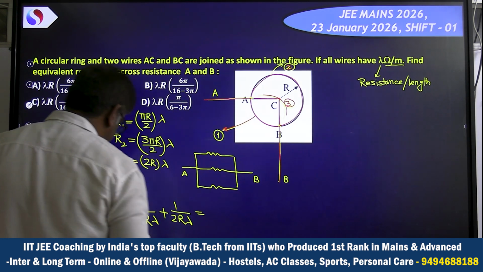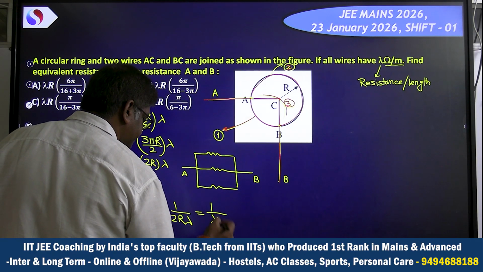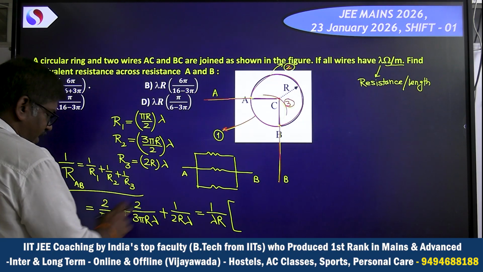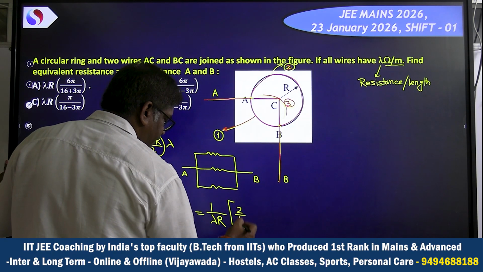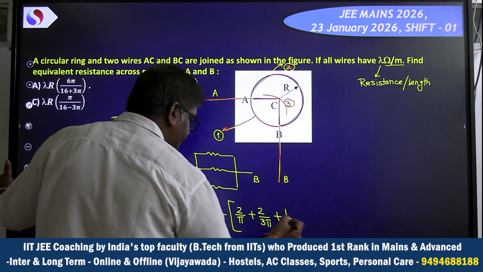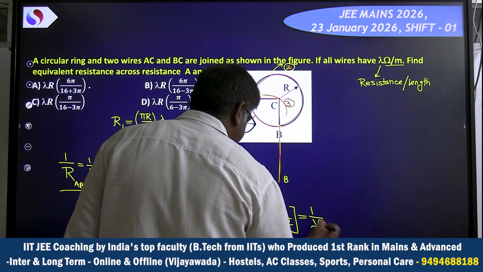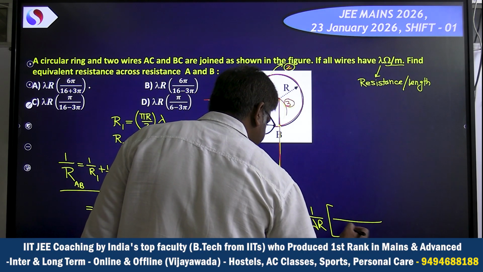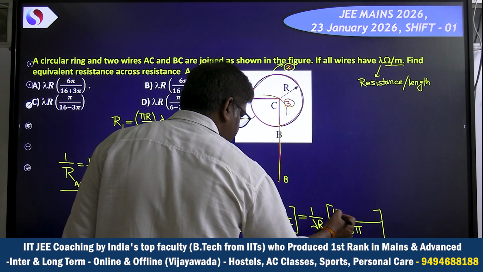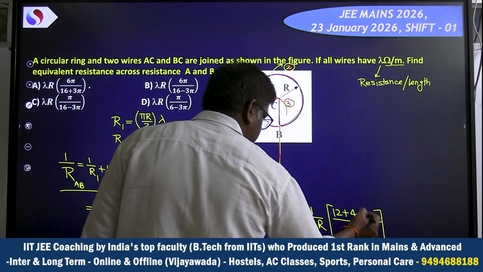Here I am going to take 1 by lambda r common: 2 by pi plus 2 by 3 pi plus 1 by 2. Now take the LCM, which is 6 pi. So 6 into 2 is 12, 2 into 2 is 4, and the last term becomes 3 pi.